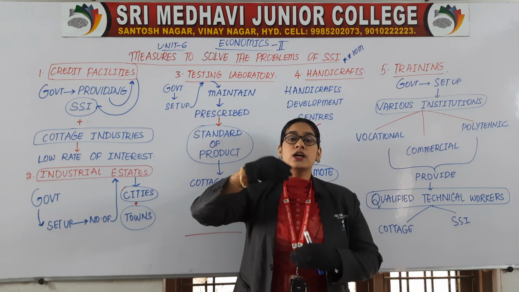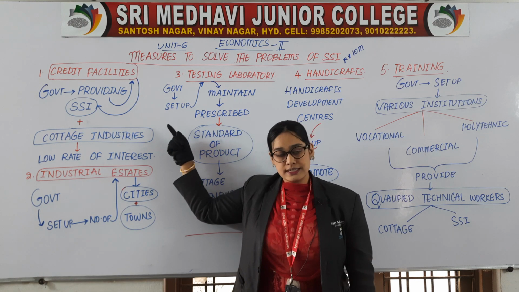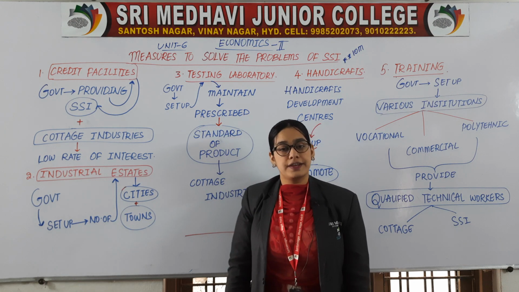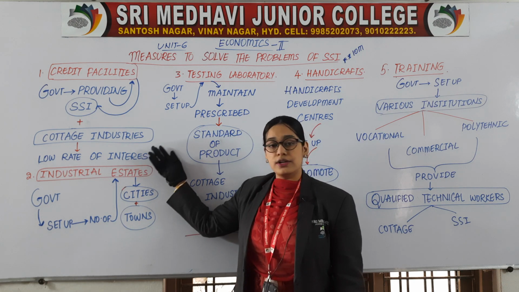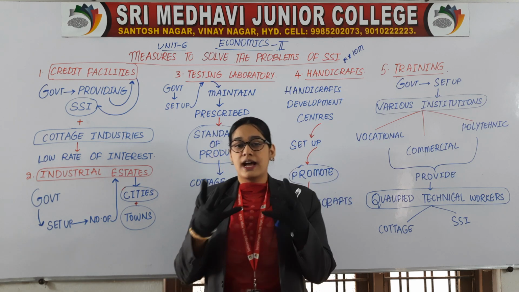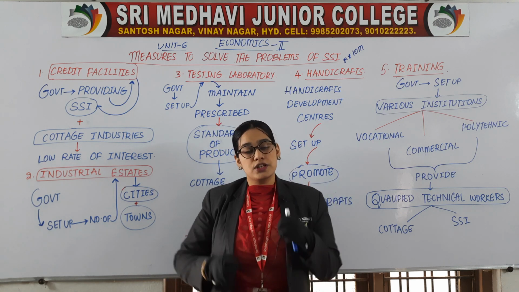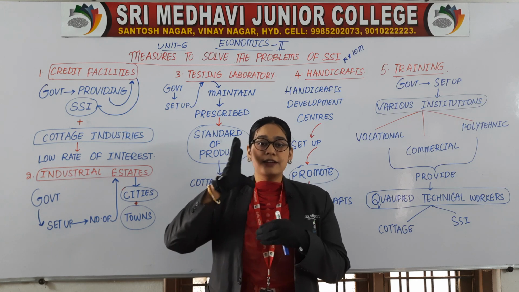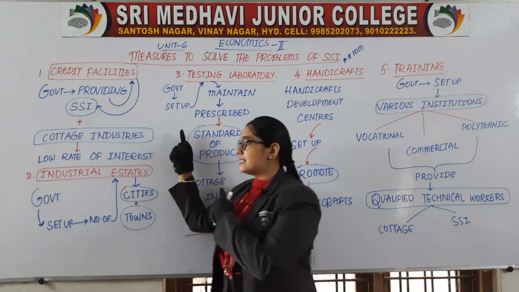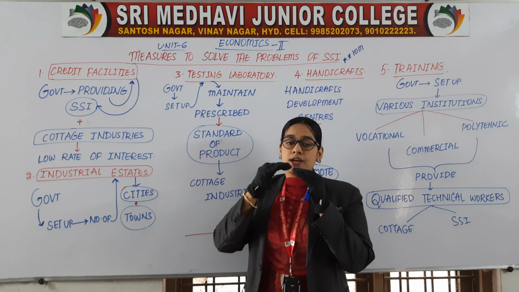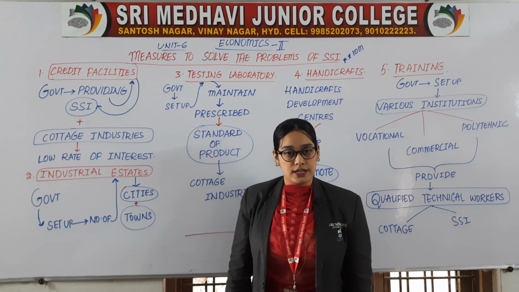Government is providing loans to cottage industries and small scale industry at low rate of interest, because first of all they are poor, their standard of living is not that much, they don't have that much financial condition to pay more interest. So by keeping the welfare of these SSI and cottage industry in mind, the government is keeping a very low rate of interest.